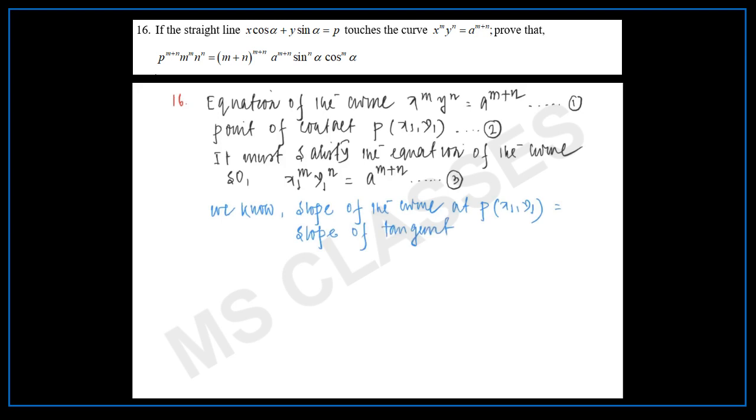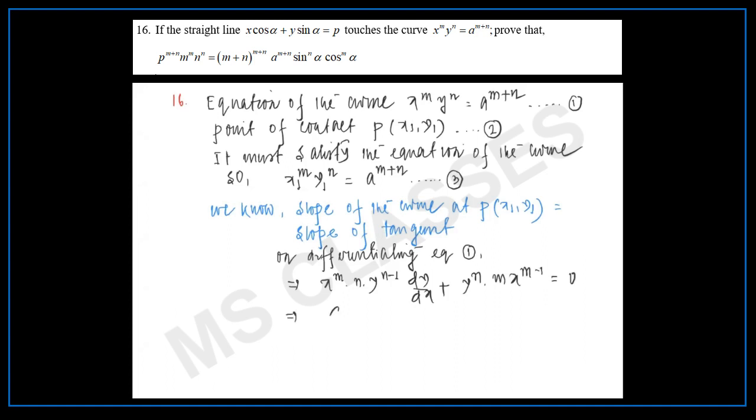Therefore, on differentiating equation 1: x to the power of m into n into y to the power of n minus 1 dy/dx, plus, here y to the power of n is differentiated, so n into y to the power of n minus 1 dy/dx. x to the power of m is as it is. Now we keep y to the power of n as it is, m into x to the power of m minus 1, equal to 0.